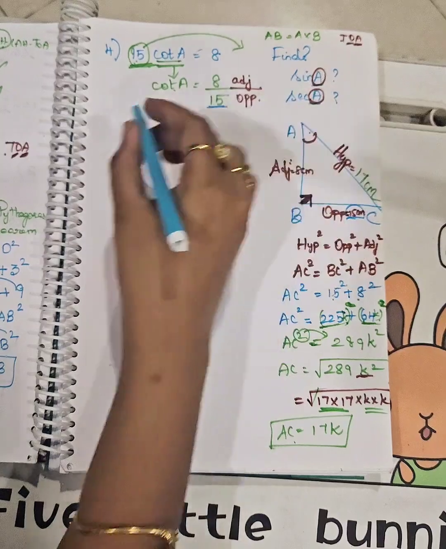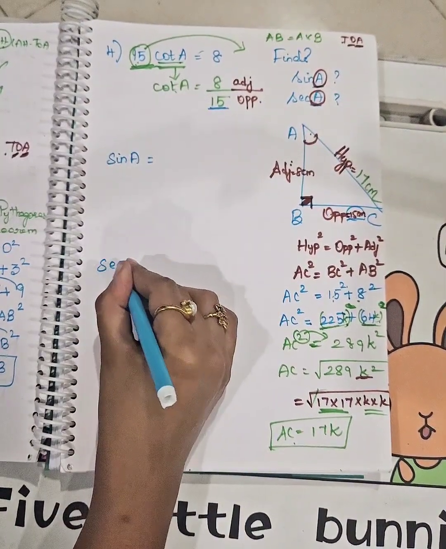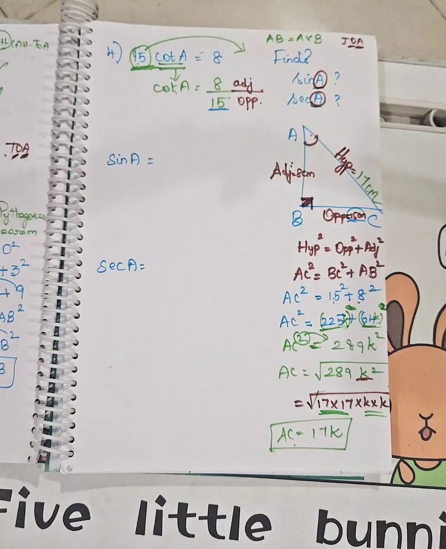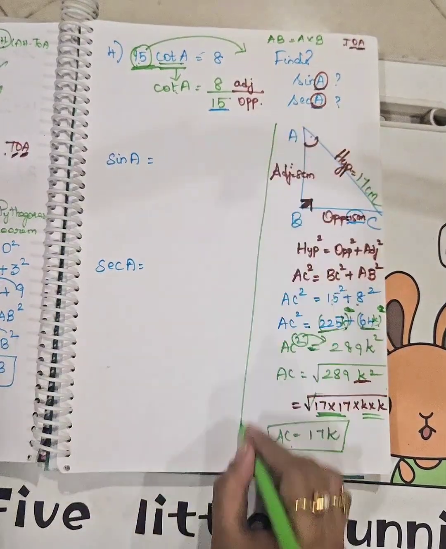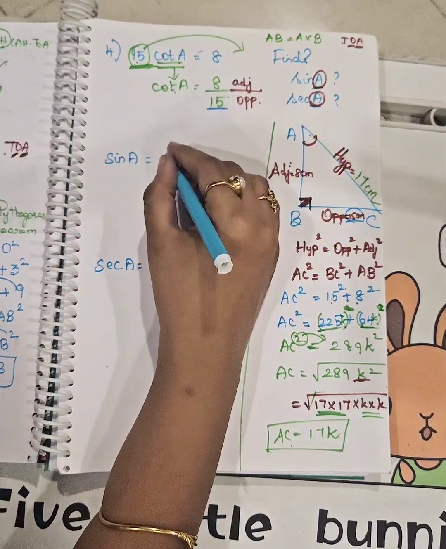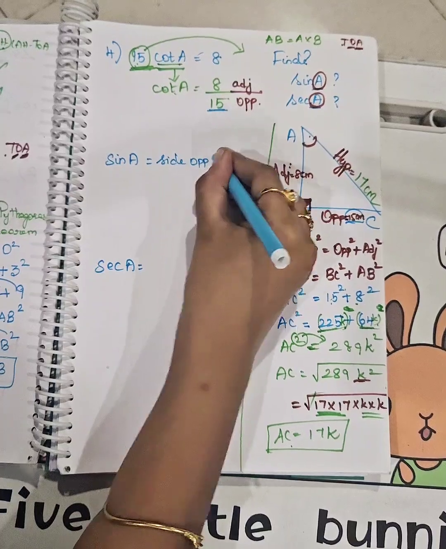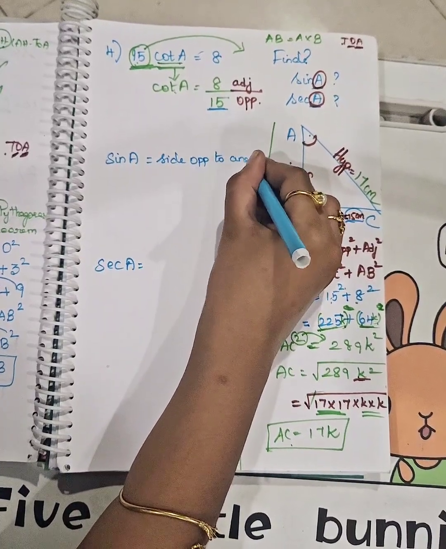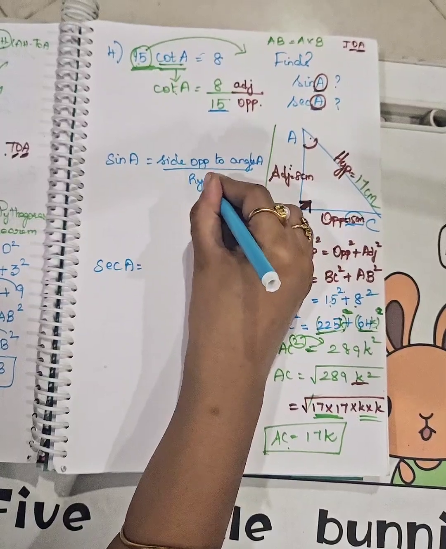Now let us get back to our question. What is our question? Find sine A and secant A. Very simple. What is the formula for sine A? Using SOHCAHTOA formulas, SOH: side opposite to angle A divided by hypotenuse.